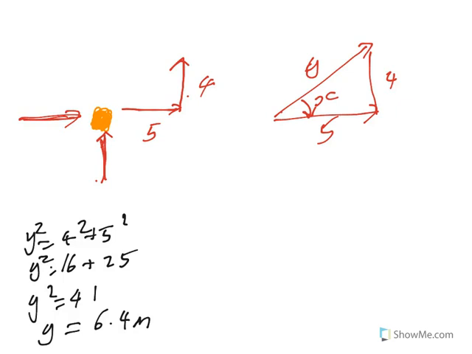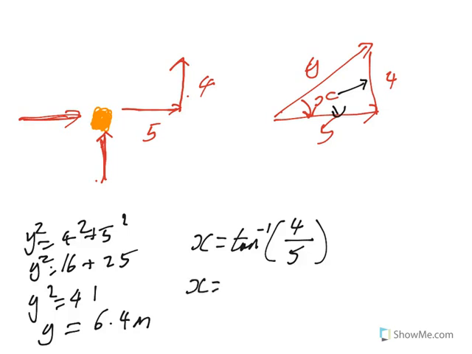So this angle X here, to find X, tan minus 1, opposite over the adjacent, so that's 4 over 5. And when you do that in your calculator, you find that X is 38.7 degrees.